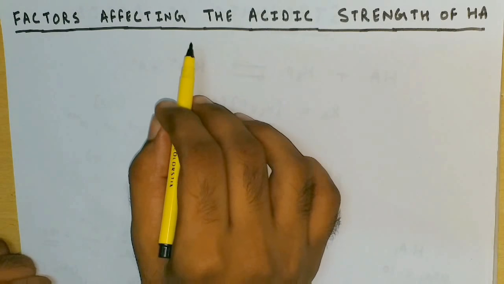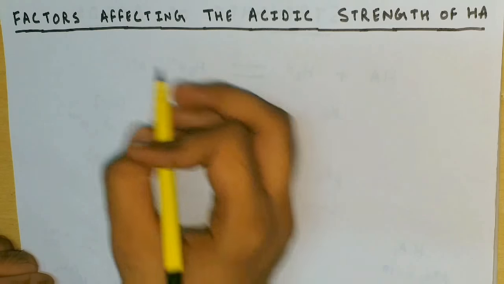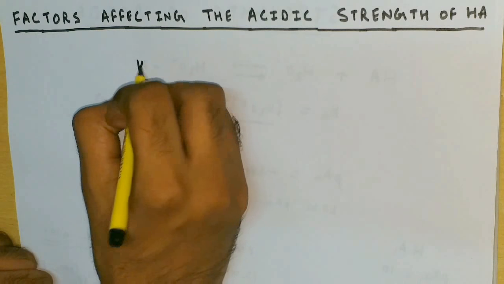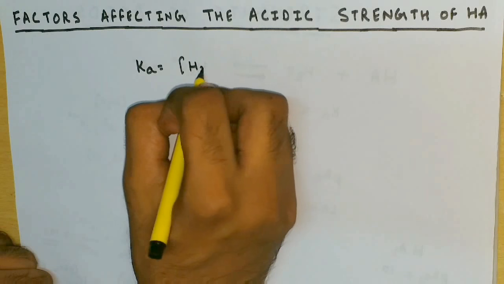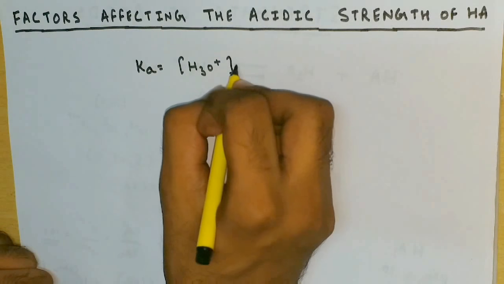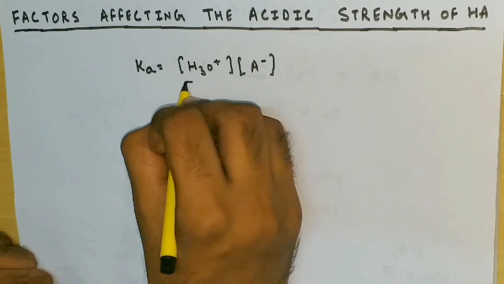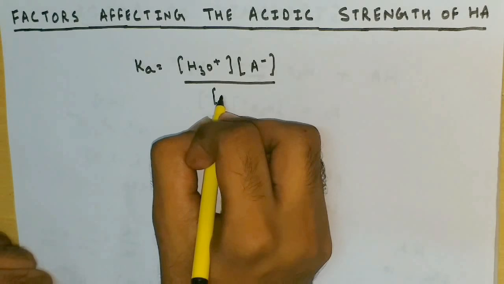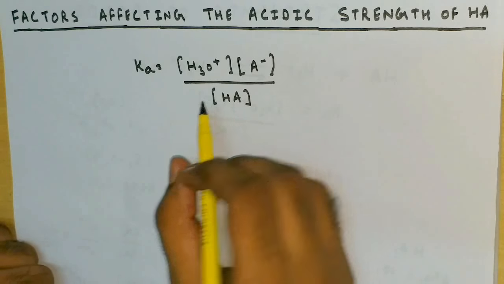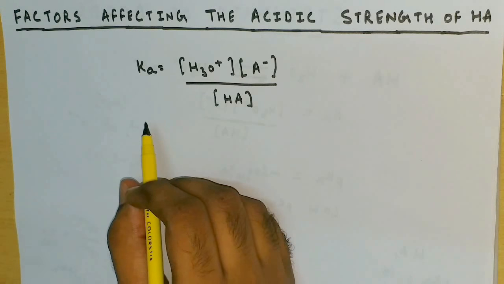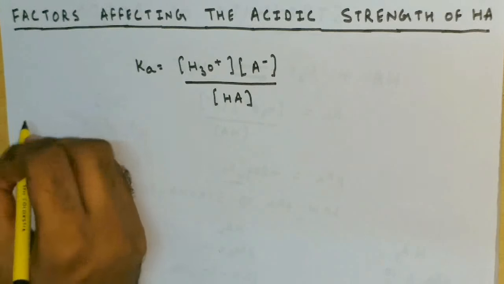Now to study the factors affecting the acidic strength of HA, we will start with writing down the expression for dissociation constant again. And this is what I wrote a while ago. That means the factors that enhance the acidic strength will tend to increase the value of dissociation constant, that is Ka, and vice versa.